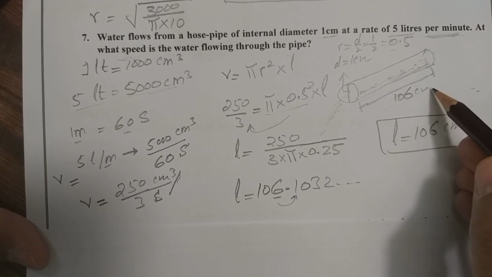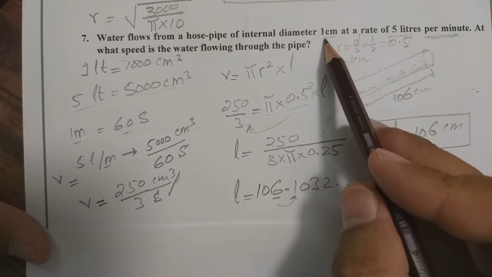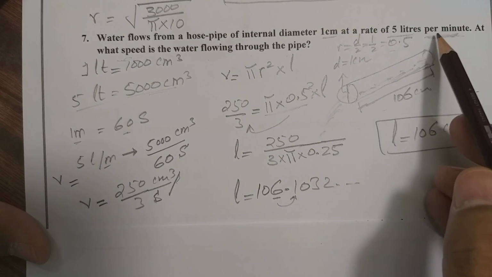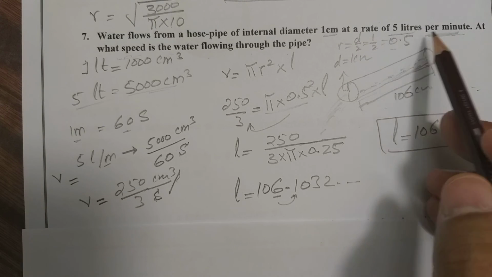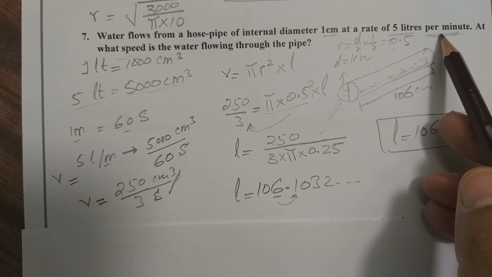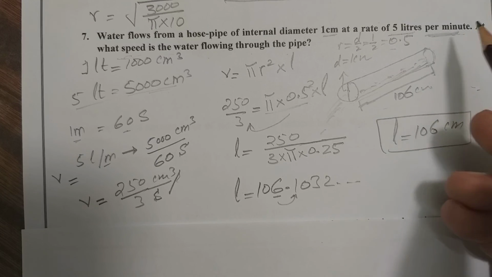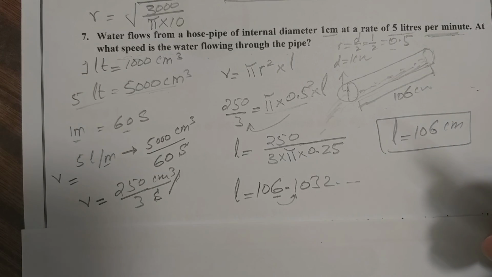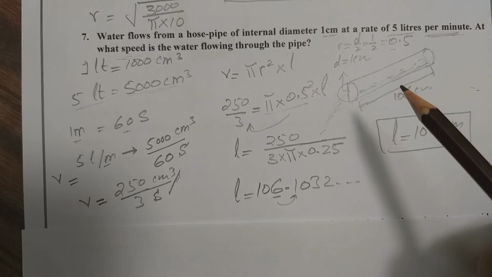This is the length of the pipe, with diameter 1 centimeter, through which the water flows 5 liters in 1 minute, that is, 5000 cubic centimeters in 60 seconds. I hope you get the benefit from this worksheet and understand all parts of this question.